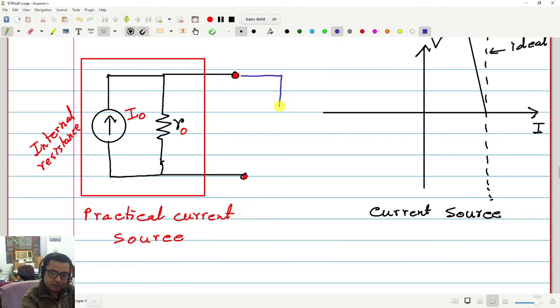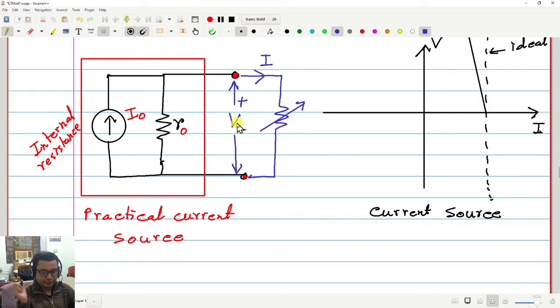I take a resistance, I change its value, and I measure how much current I am getting here, and how much voltage is present between the two terminals of the source. This side I am considering positive, this side negative. Then I plot the graph by varying the value of this outside resistance. Can you find out the relation between I and V?